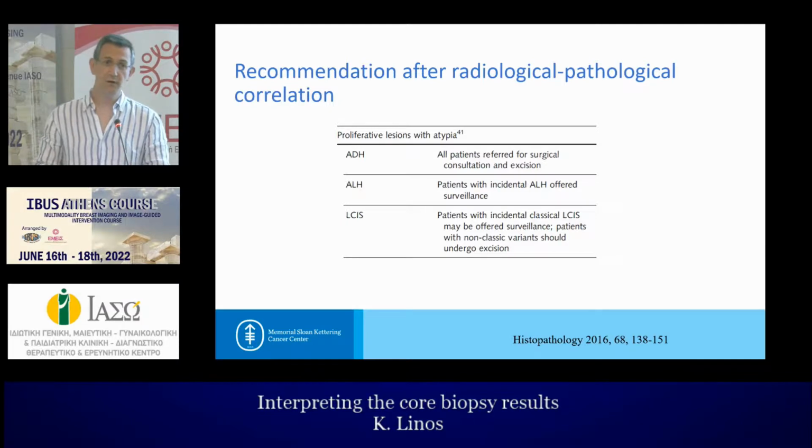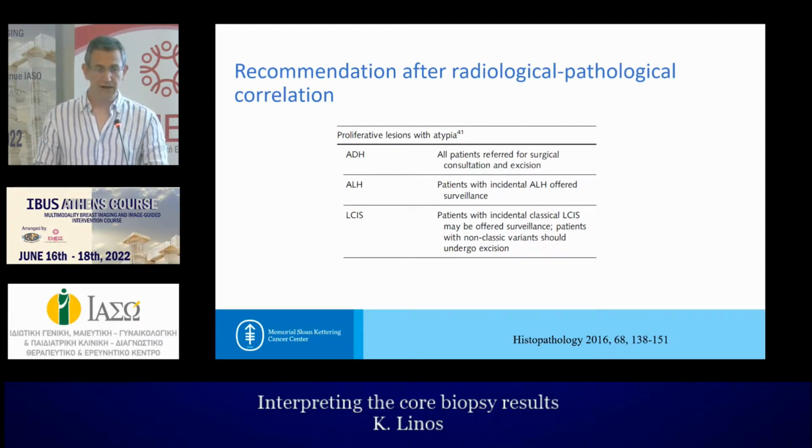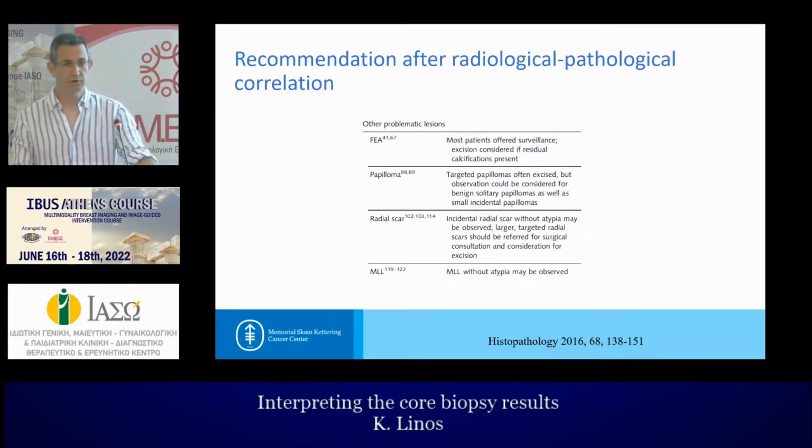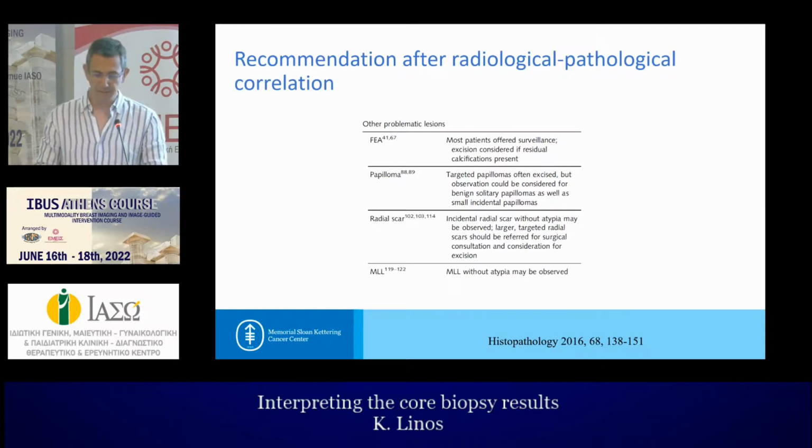Patients who get a diagnosis of classical LCIS could be offered surveillance. If you get non-classic variants, these patients should be referred for excision. If you get a diagnosis of flat epithelial atypia, these patients can be offered surveillance. Excision could be discussed with the patient if there are residual calcifications, but if everything is removed, I think these patients can safely be offered surveillance.